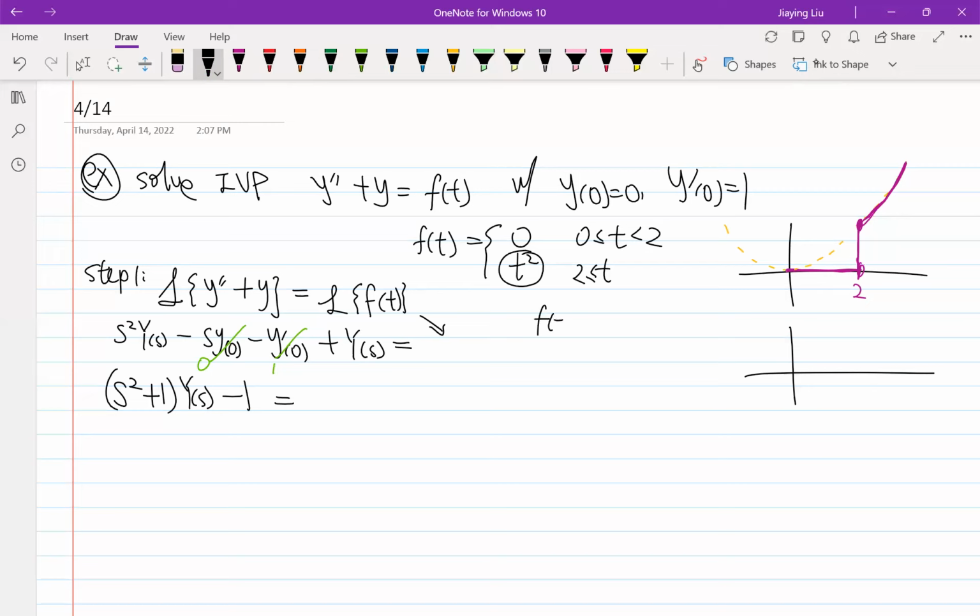So f of t is equal to t squared times a factor. The factor will give us 0 when the function is 0. When we take out t squared, we still get a 0 for t between 0 and 2. And then when the function is t squared, we end up with a 1 when we take out a t squared. That's for t greater or equal to 2.